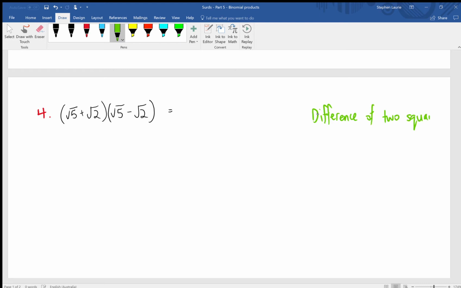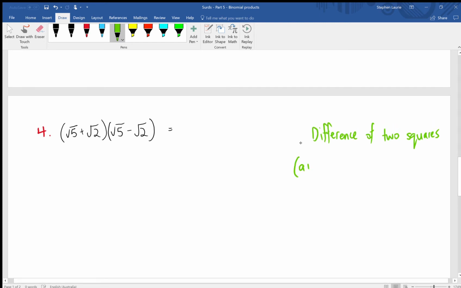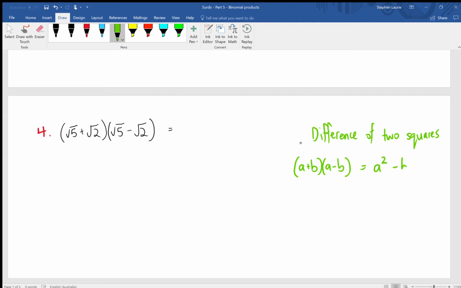That rule states that if we have some a plus b multiplied by a minus b, the result is simply a squared minus b squared. The difference, or minus, of two square numbers. So let's apply that here.